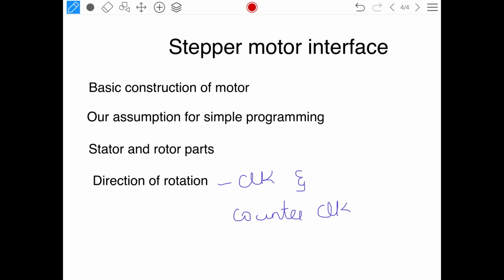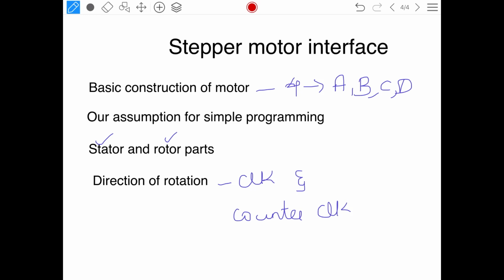Before we write a program, it is our duty to understand how the basic motor is constructed. Here, we are taking the simplest form of a stepper motor, which has a stator and a rotor. The stator has 4 windings, which I am naming A, B, C and D, and it has a rotor winding permanently.